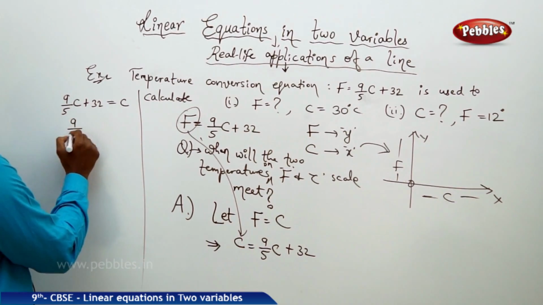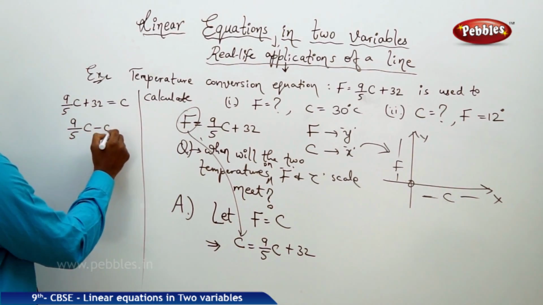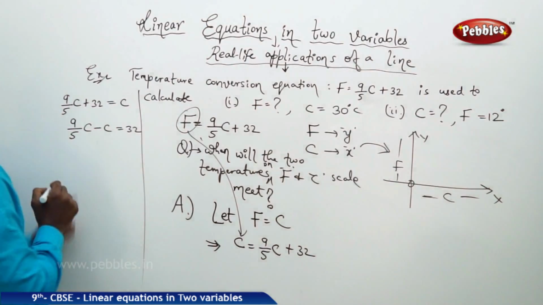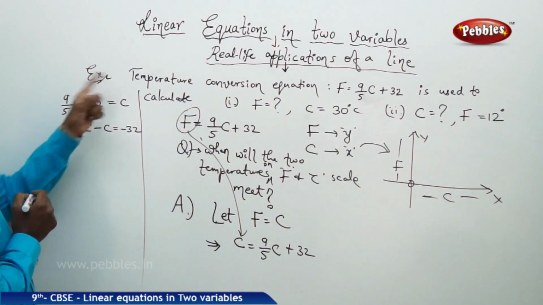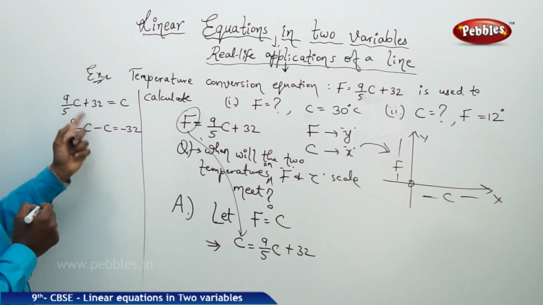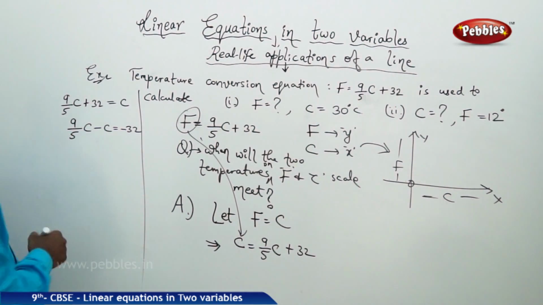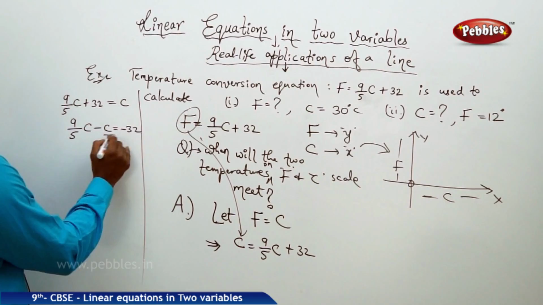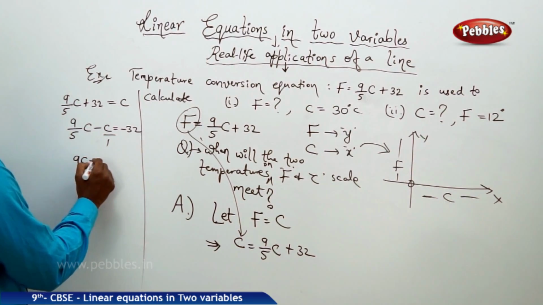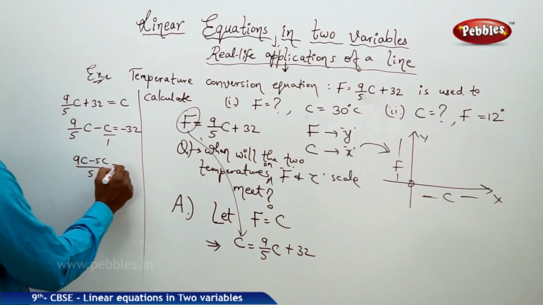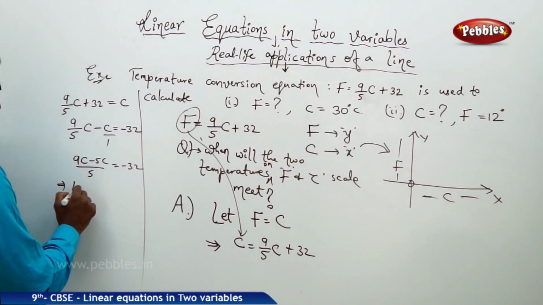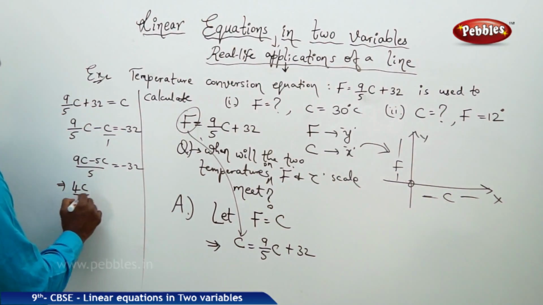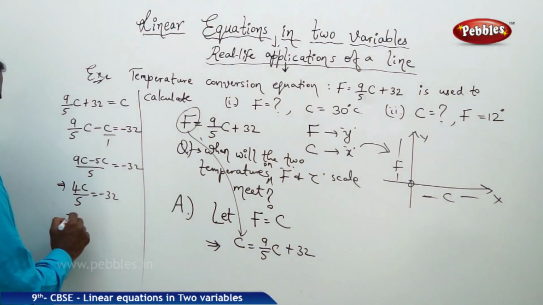further simplification gives 9 by 5C minus C equals negative 32. 32 comes to the right as minus 32, C goes to the left as minus C. So taking the LCM, we get this, which on further simplification gives 4C by 5 is minus 32.